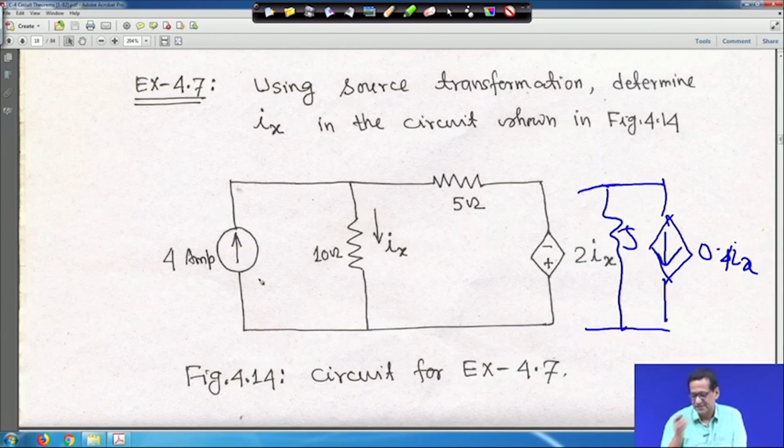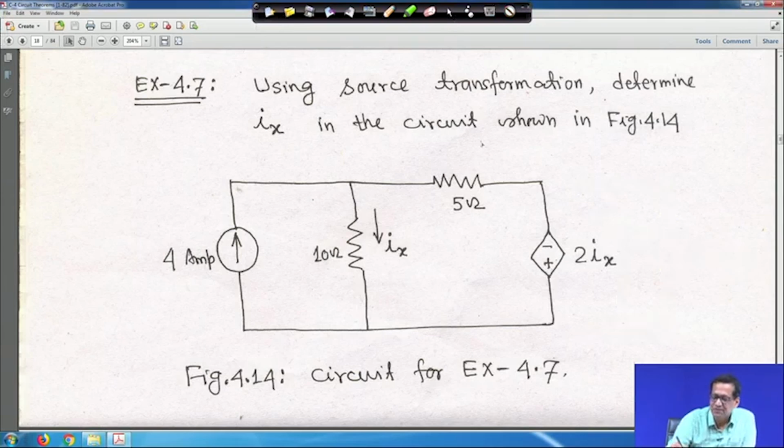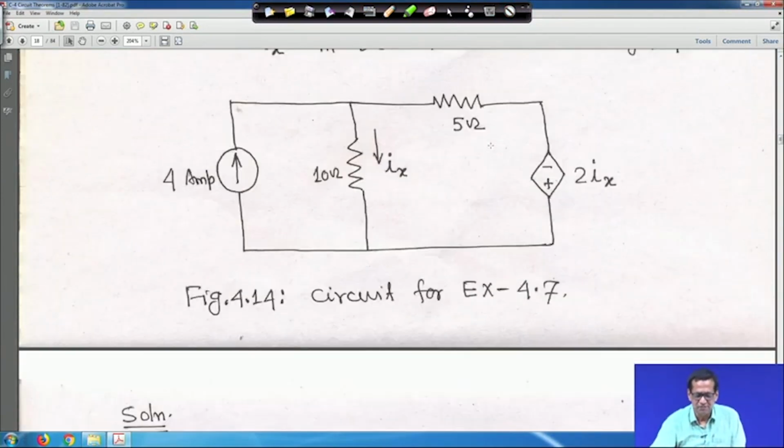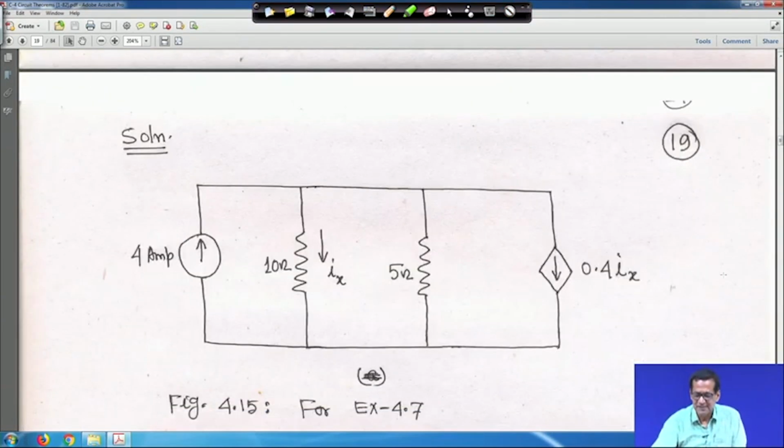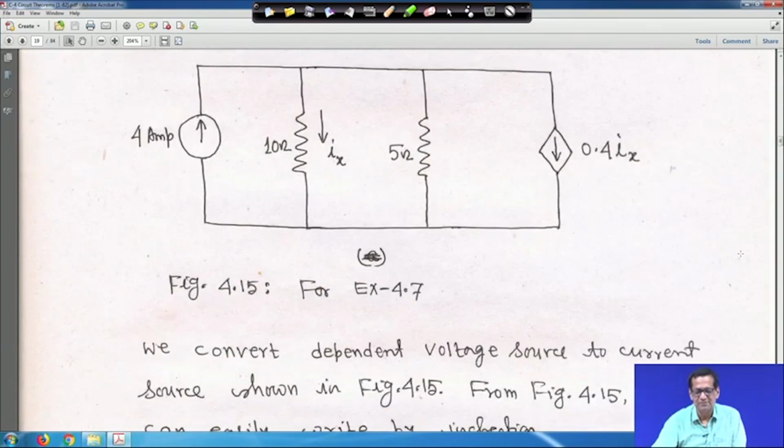This is actually how we can convert it, same philosophy, dependent or independent. So, if you go to the equivalent one, the circuit becomes like this. I told you that this arrow will be downward, look at the polarity, with 0.4 Ix, 5 ohm, and this is 10 ohm, and you have to find out the current through this, right.